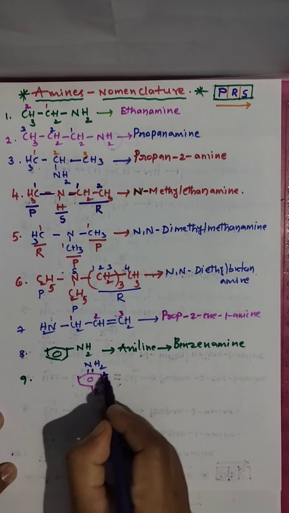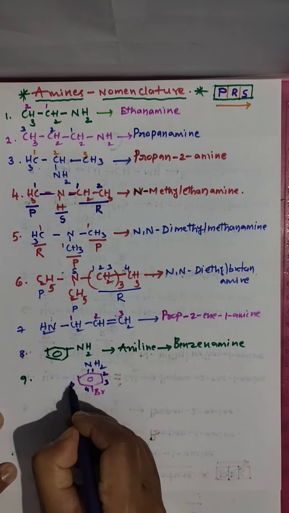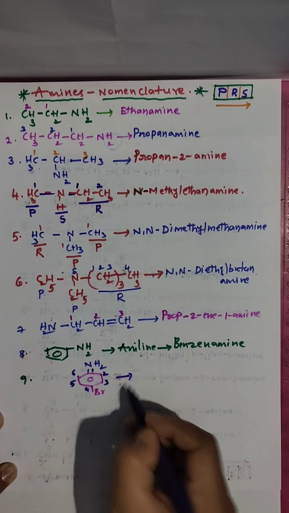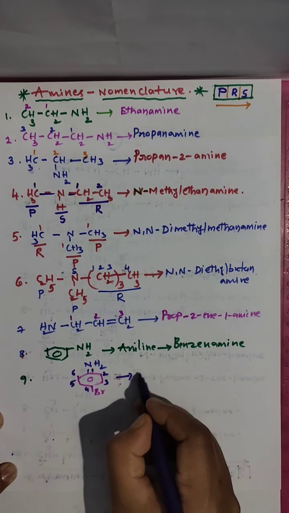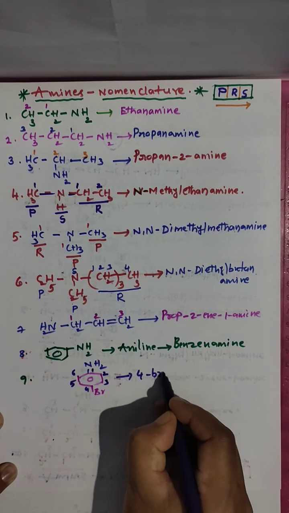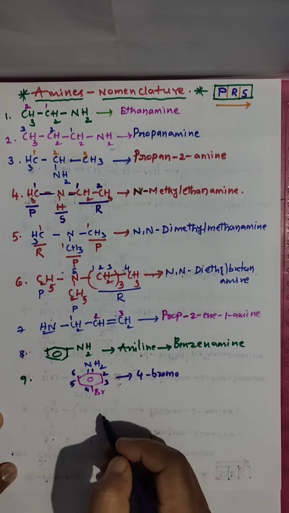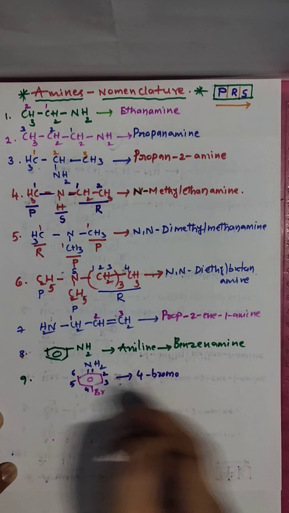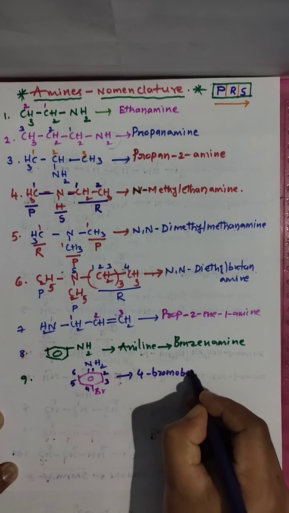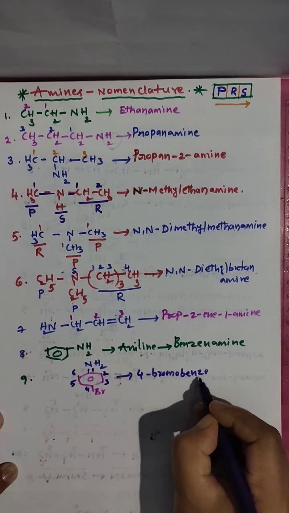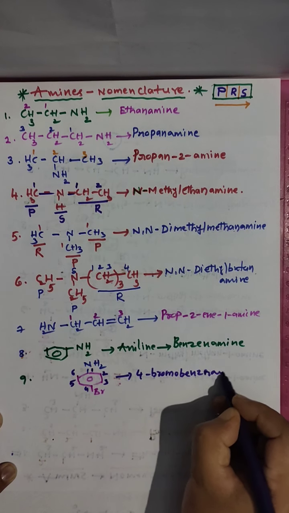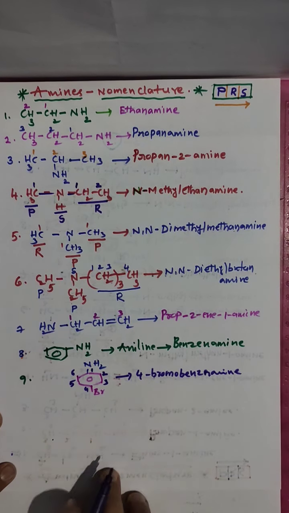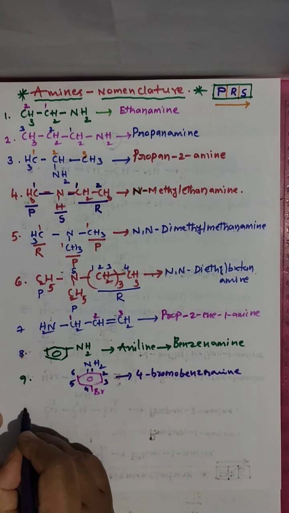So this is 1, 2, 3, 4, 5, 6. Go for now. First the prefix, meaning bromine. 4 bromo, 4 bromo. Next benzenamine. 4 bromo benzenamine. Clear? 4 bromo benzenamine.